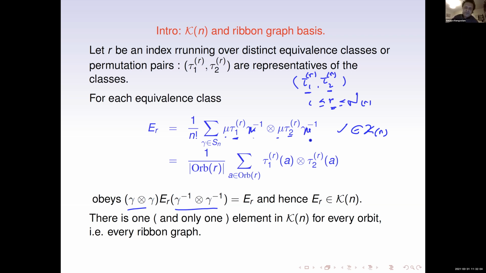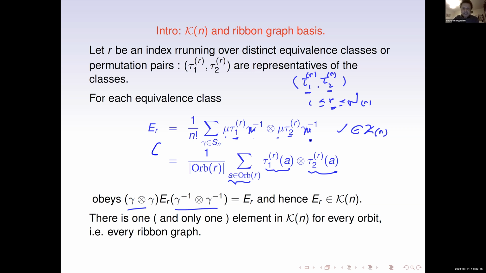Also, this can be simplified. Each such thing is one representative of an equivalence class, so the different elements within the equivalence class form one orbit under the group action. The different elements within that orbit, which I'm denoting tau 1, tau 2 r sub a, you can sum everything in that orbit and take an average, 1 over the size of the orbit.